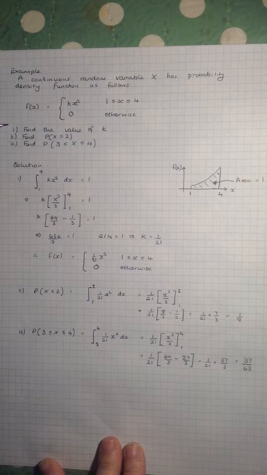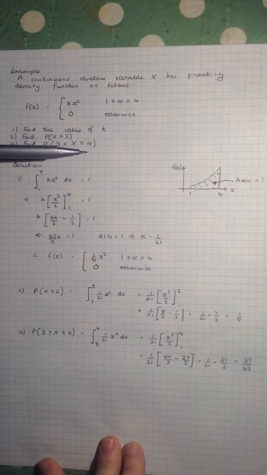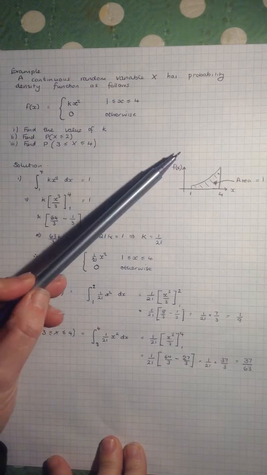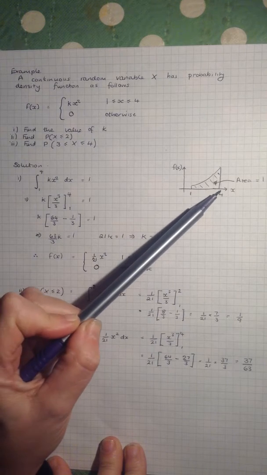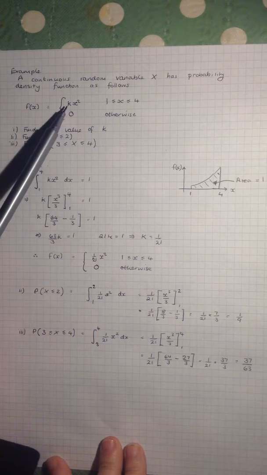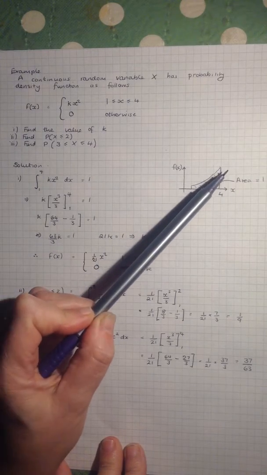What we're doing in this question is first of all finding what k is, and then finding two probabilities: the probability x is less than or equal to 2, and the probability x is between 3 and 4. So the graph will look something like this. We're going between 1 and 4 as our limits, and it's some multiple of an x squared graph.